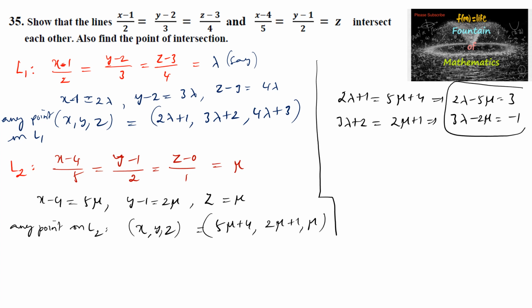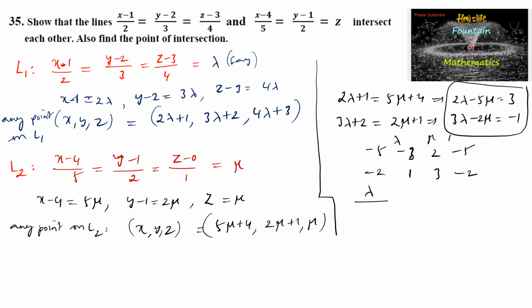Let us solve these both equations. Solving for lambda and mu, minus 5 minus 3, 2 and minus 5, minus 2, so we can write plus 1 and again 3 and minus 2. So this is for lambda and mu and 1.